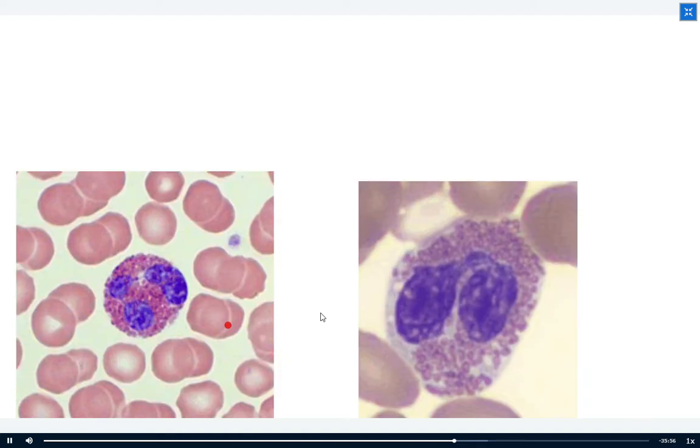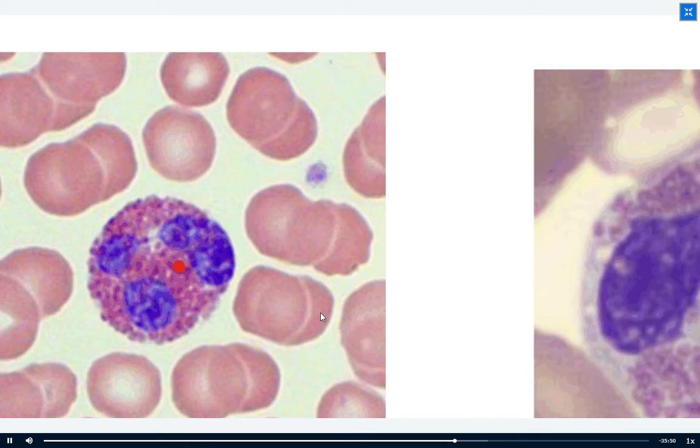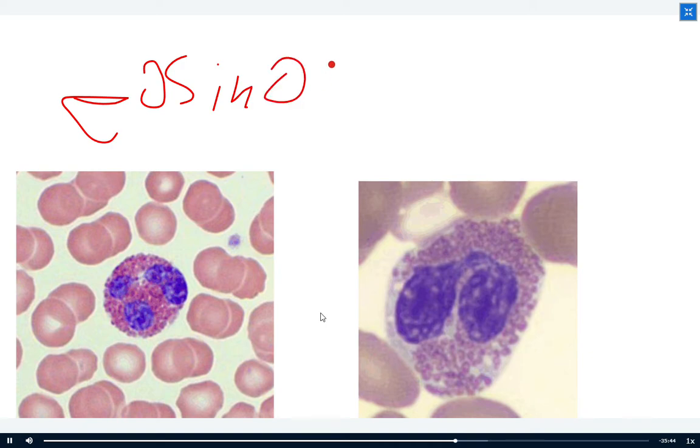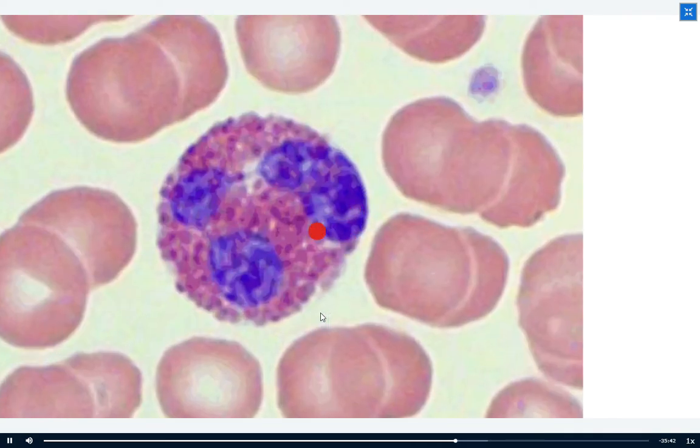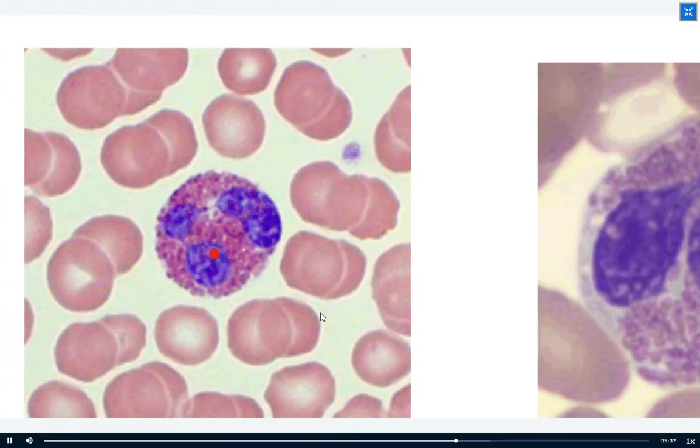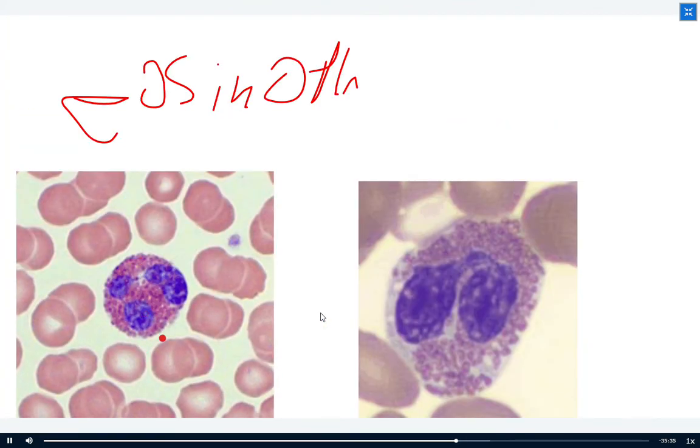Okay, this would be the appearance of your eosinophils class. So they would have pink, red, reddish, or orange granules. So you could easily, ang maganda sa eosinophil class compared sa neutrophil, you could actually see yung granules. Now your granules are located in your cytoplasm, di ba? So they could be easily visible. Sobrang dali niya ma-identify.